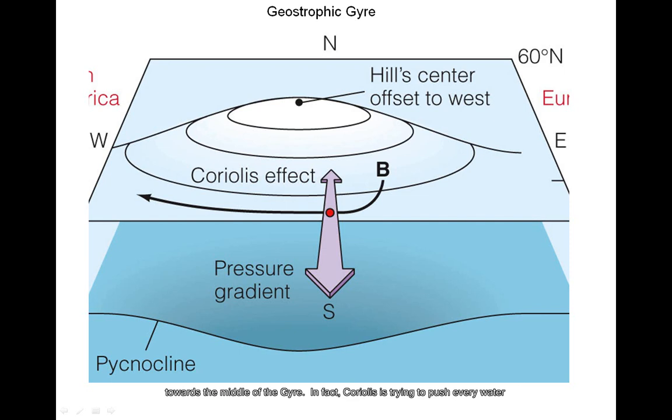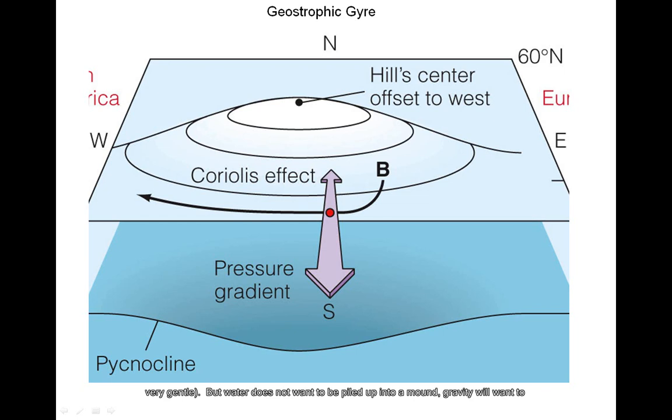And in fact, Coriolis is trying to push every water molecule in the gyre towards its middle. This is going to create a mound or pile of water in the middle of the geostrophic gyre. And although it sticks up about 2 meters high, its slope is going to be very gentle.